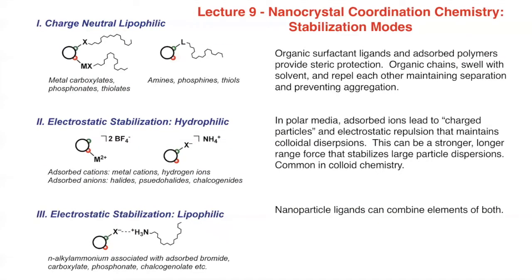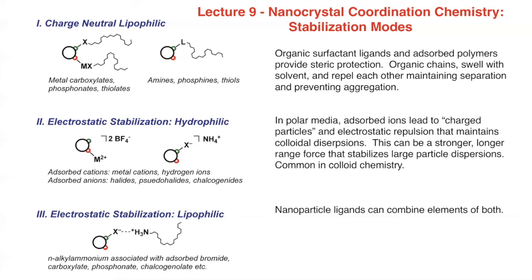So I'm going to just introduce briefly a couple of different ligand classes that we're going to discuss today. I've labeled them charge neutral lipophilic, electrostatic stabilization hydrophilic, and electrostatic stabilization lipophilic. Most of the nanocrystals that my group works with are soluble in organic solution.